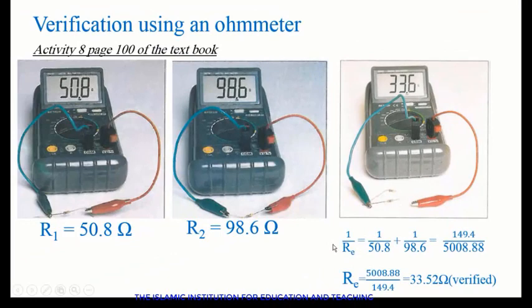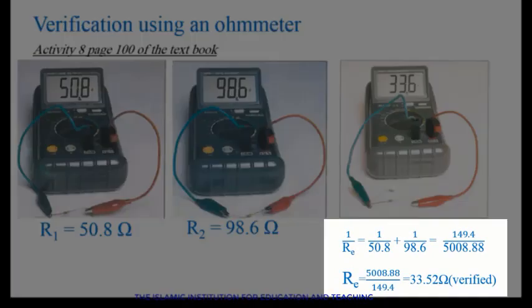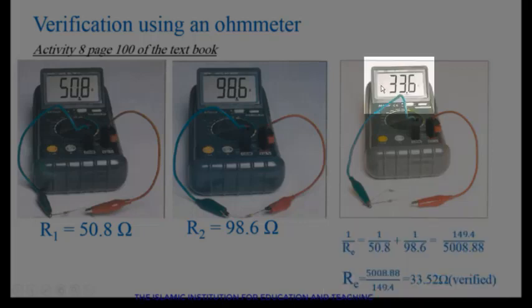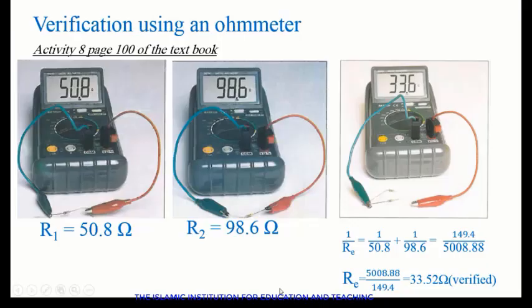Here, if we apply the previous formula we deduced, which is 1 over R equivalent equals 1 over R1, which is 50.8 ohms, plus 1 over R2, which is 98.6, we will get the value 33.52, equal to the one shown on the ohmmeter. Then the formula is verified.